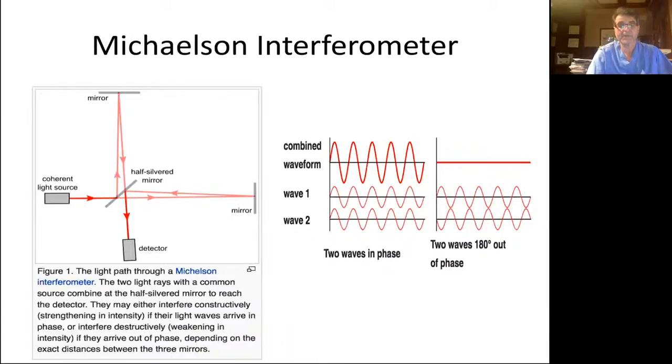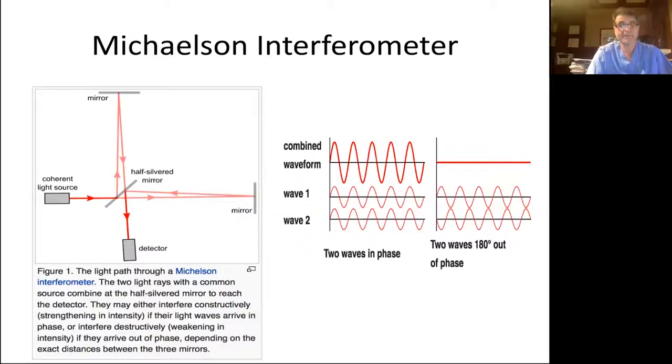So with that in mind, on the left, you can see that when you have a coherent light source and it passes through this half-silvered mirror, the path between the mirrors at each extreme and the center determine how the waveforms arrive back at the detector.